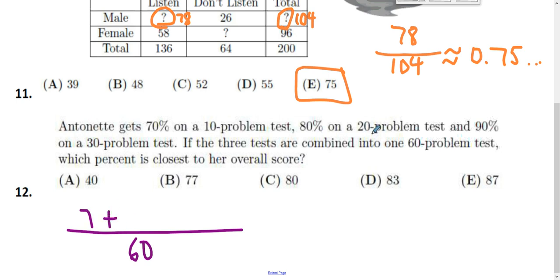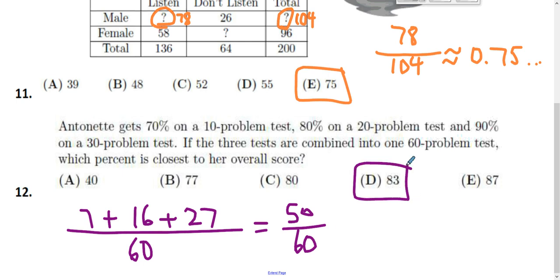And she got 80% of the 20 problem test. So wait a minute. 80% is 8 out of 10. 8 out of 10 is 16 out of 20. And then 90%, that's 9 out of 10. But there was a 10 and a 10 and a 10. So she got a 9 and a 9 and a 9, like so. And that's 50 out of 60. And that's 83%.